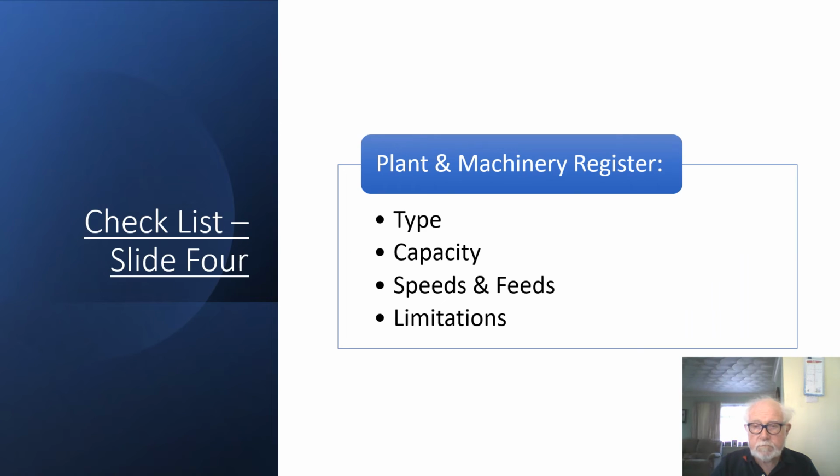You need to check that there is a complete plant and machinery register, and it contains accurate information for each machine and all equipment used in manufacturing and installation operations.